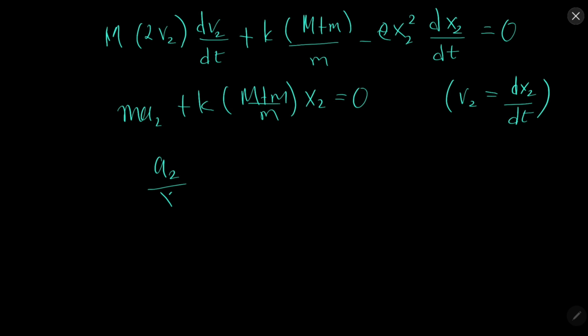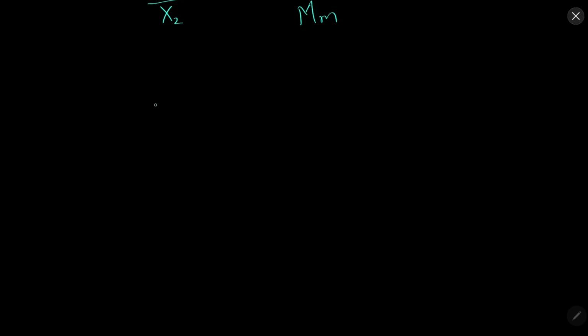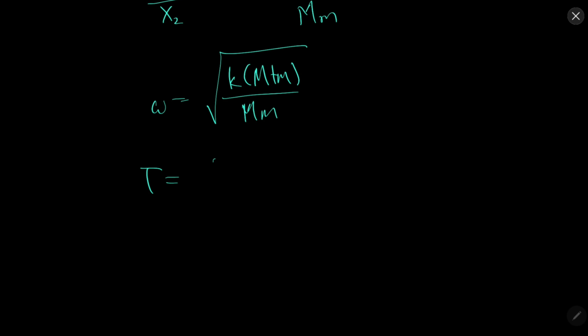So a2 by x2 will be this. We know this is omega square, so omega is root k(m plus m) over mm. Time period 2 pi root mm over k(m plus m).